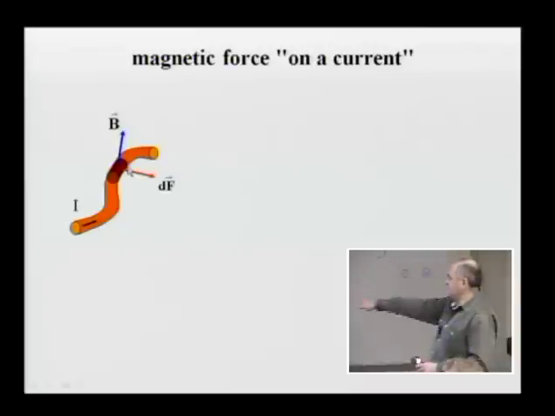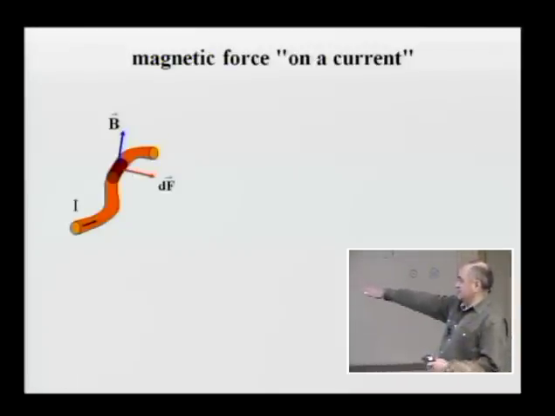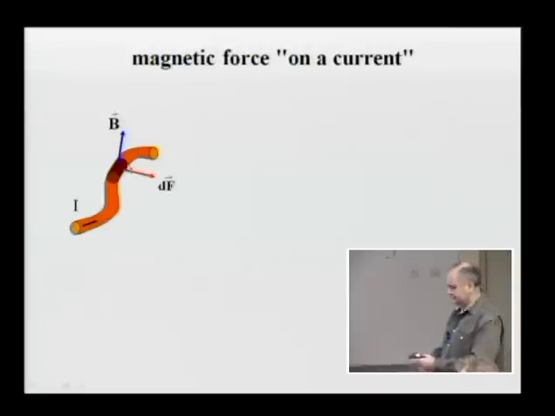So the velocity of the particles, consistently with this drawing, is in this direction. Magnetic field is up. So now the thumb shows that the magnetic force will be to the right on all charge carriers which are traveling through this segment.